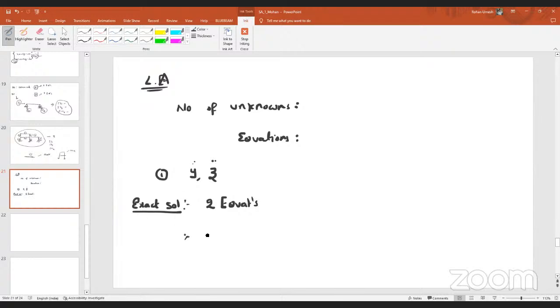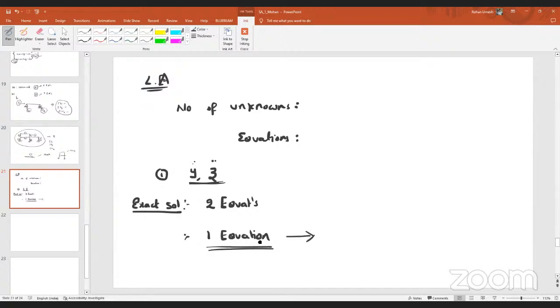Let us say, what happens if I'm having only 1 equation? I'm having 2 unknowns, y and z, but only 1 equation. Can I solve the system? Can I solve those 2 unknowns, y and z? Not possible. To make it possible, what can we do?